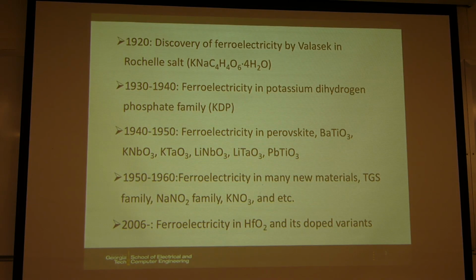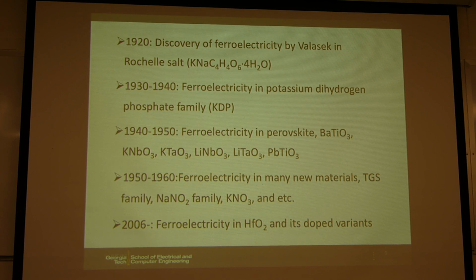So this slide summarizes the short history of ferroelectrics. There are three important periods. The first one is the discovery of ferroelectricity in 1920 in Rochelle salt. The second important period is ferroelectricity in perovskite materials from 1940 to 1950.